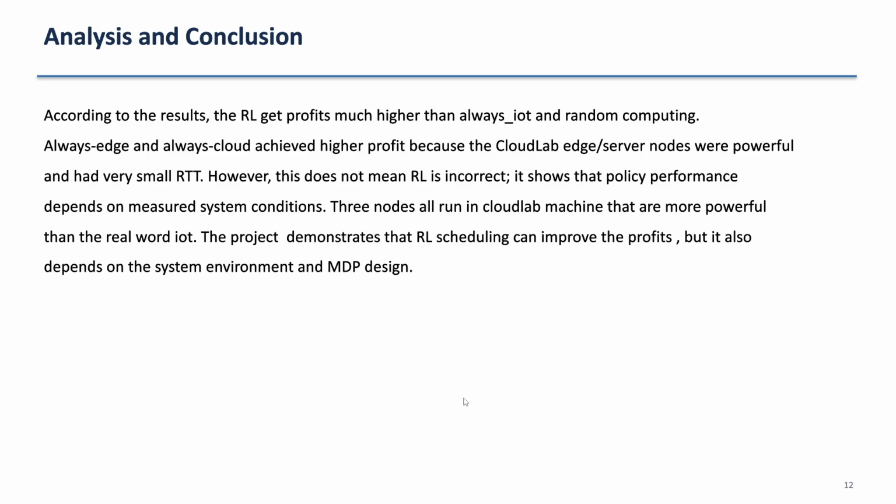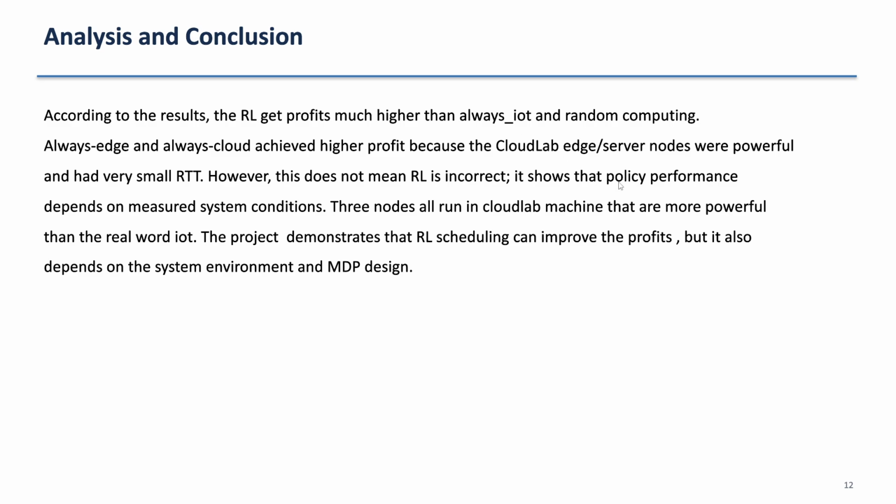Conclusion. According to the results, the RL gets profits much higher than always IoT and random computing. Always Edge and Always Cloud achieve higher profits because the CloudLab edge and server nodes were powerful and had very small RTT. But that does not mean the RL is not correct.